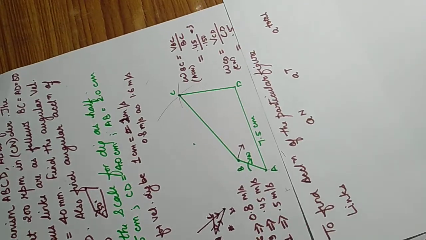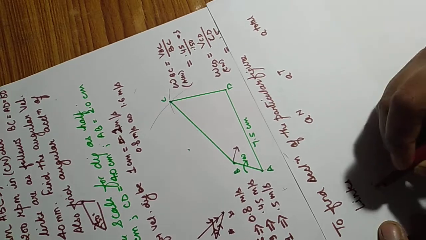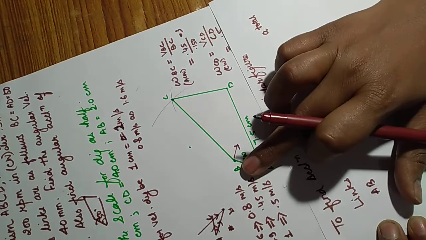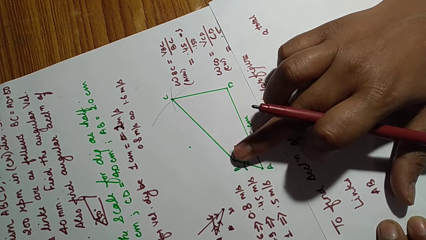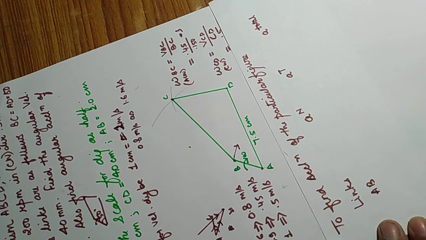Now let me give you how to find these things. As I have already told you about the various complications of an acceleration diagram. So this is link AB, this one. Because it is moving with a uniform speed, it will not have any tangential component.